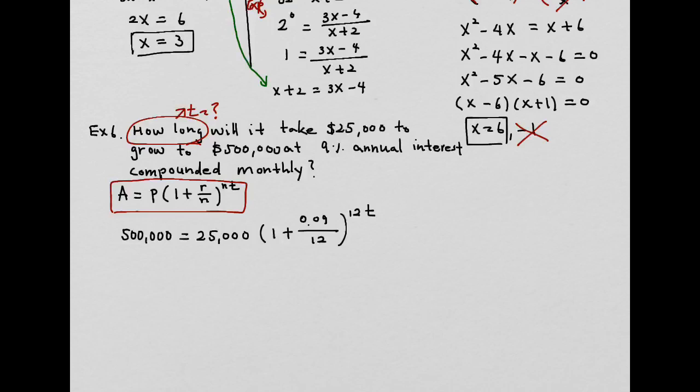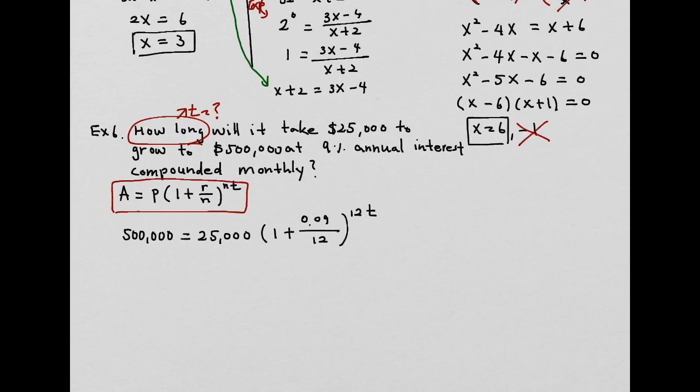This is what we've been dealing with, solving exponentials. In order to solve an exponential, the first thing you want to do is isolate the exponential term. So you divide both sides of the equation by 25,000 to get rid of the multiplication on the exponential term.